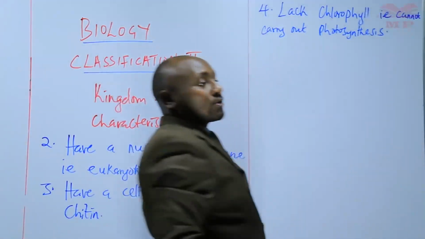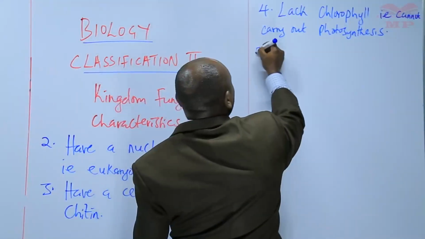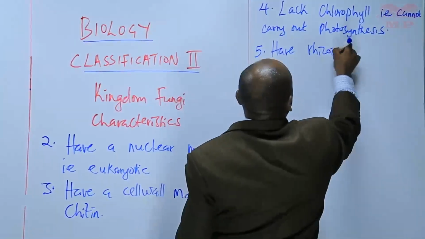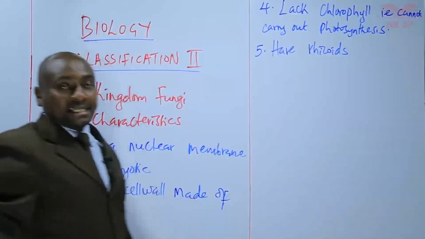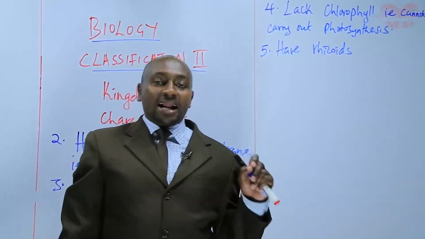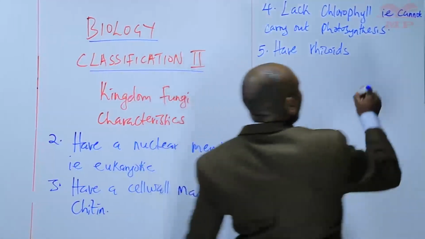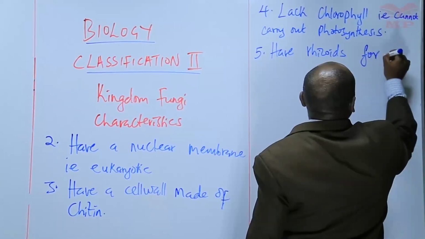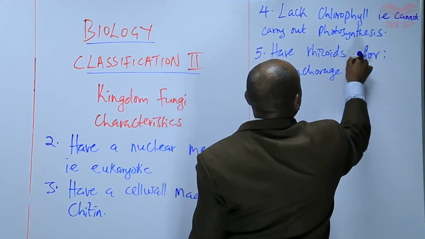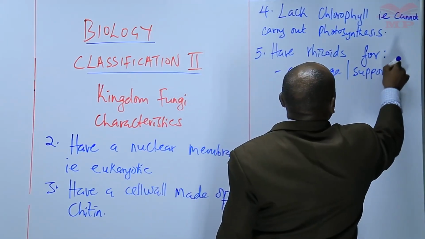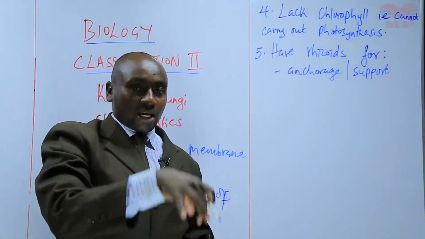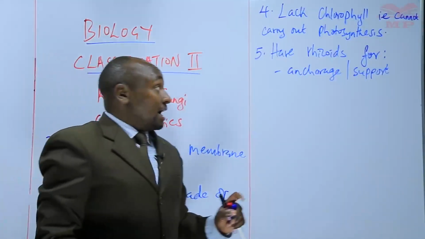Another characteristic of kingdom fungi is that they have rhizoids. Rhizoids resemble the roots of plants. But for these ones, we don't call them roots, we call them rhizoids. They have rhizoids for, 1, anchorage. Anchorage is support, so that they can support themselves onto the substrate. They are growing on something, so they are able to support themselves using the rhizoids.